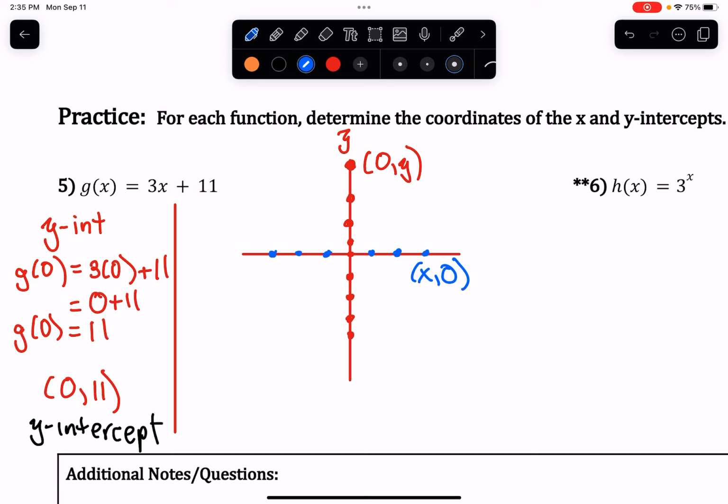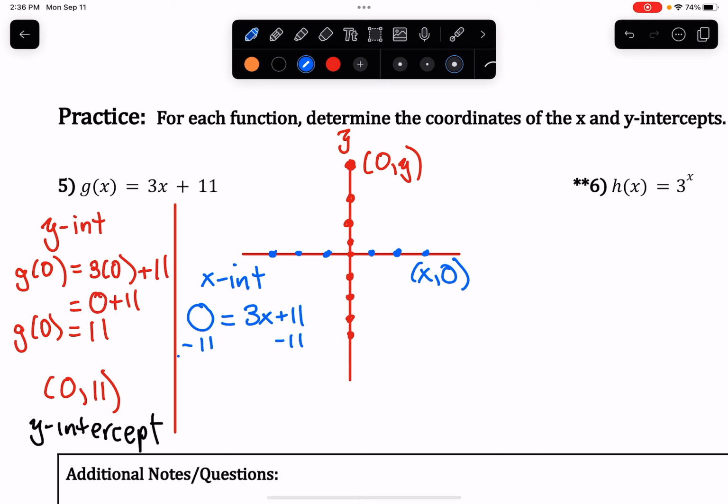If I want the x-intercept, now I want the y value to be 0. So now I'm asking myself, what value of x gives me a y value of 0? And now I solve this for x.